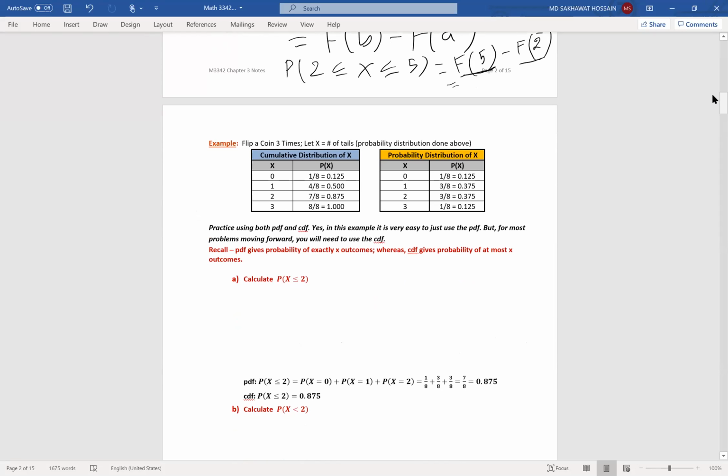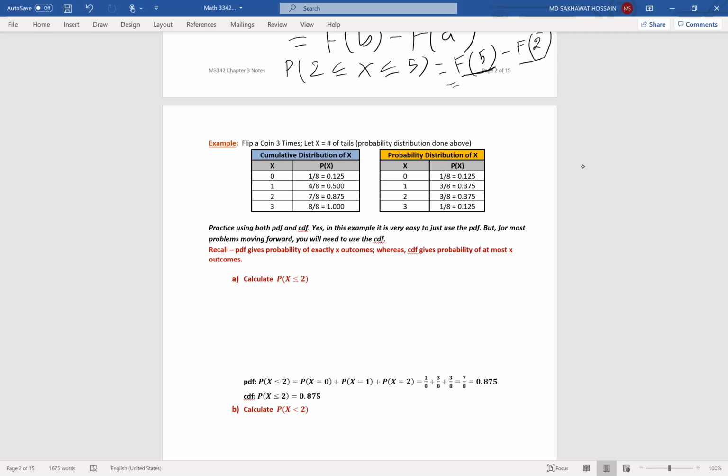Now I'll go over an example. This example is about flipping a coin 3 times, and let X be equal to the number of tails. We have to first write the probability distribution, which we have already done in section 3.1. The possible values for X are 0, 1, 2, 3. Why?